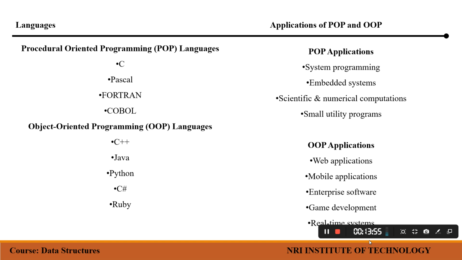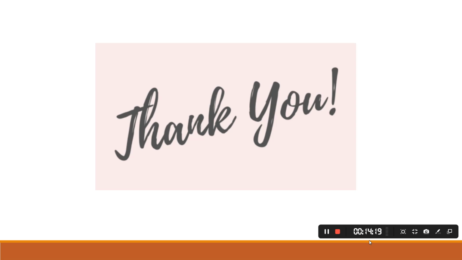Several applications are there, mainly system programming, that is for operating systems, system utilities, and so on, embedded systems, scientific and numerical computations, and small utility programs. Object-oriented programming applications, mainly for web applications, mobile applications, and for enterprise softwares, game development, and real-time systems.